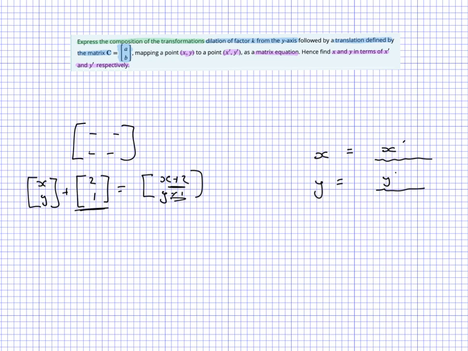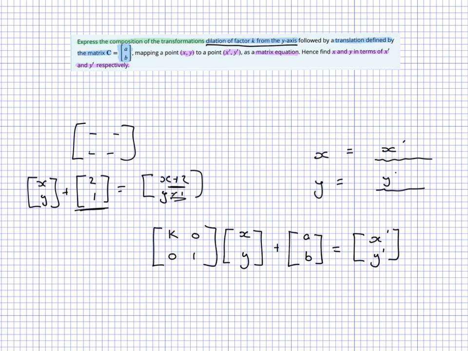Okay, so now, sort of understanding that, let's just start going through. We have this dilation of factor k from the y-axis. Now you might remember that the dilation from the y-axis transformation matrix looks like this. All right, this one tells you how far it's gone away from the y-axis. Okay, and we're going to multiply it to the point xy, and then we're going to add this AB translation into it, and we're finally going to spit out the answer of x image, y image.